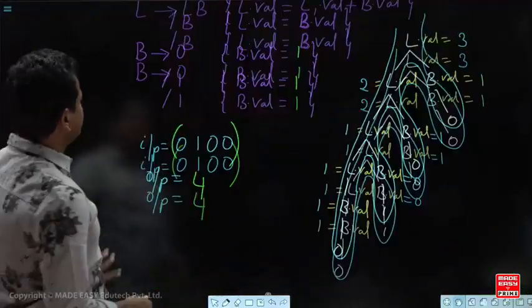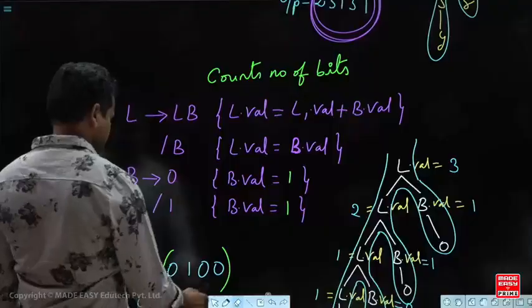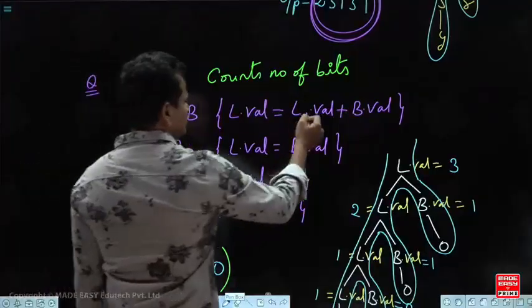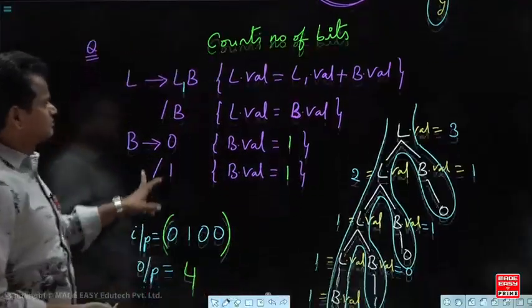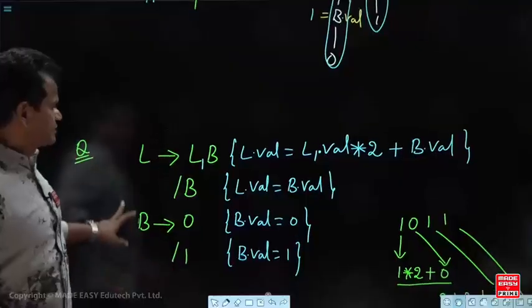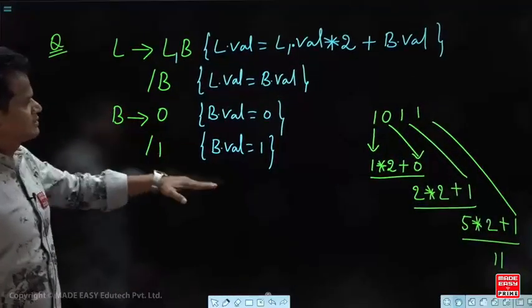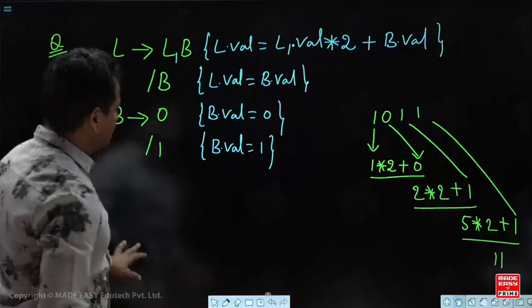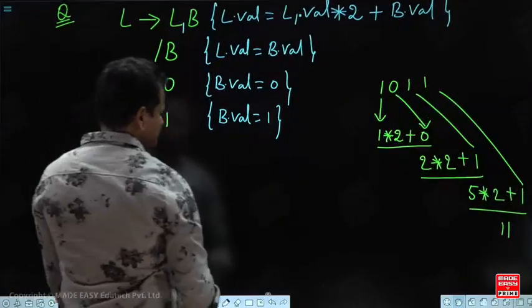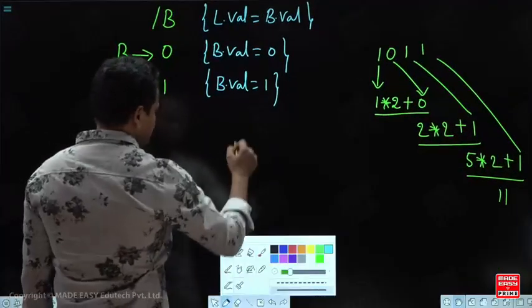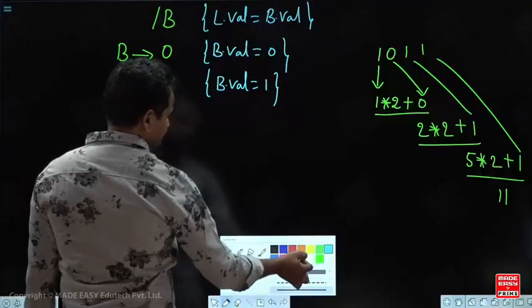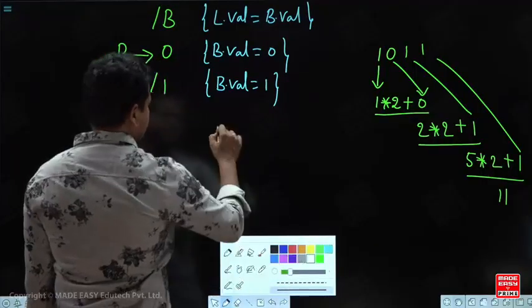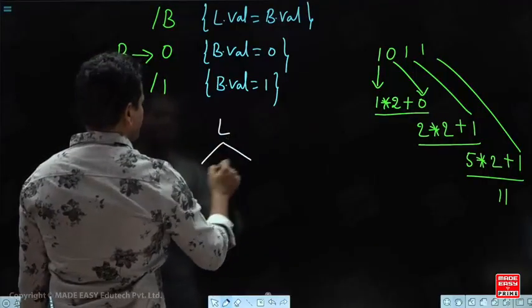Of course, here also I wrote L1. So same grammar, but it gives different output because the actions are different. Let me check 1011. First of all, consider the parse tree. L derives LB.